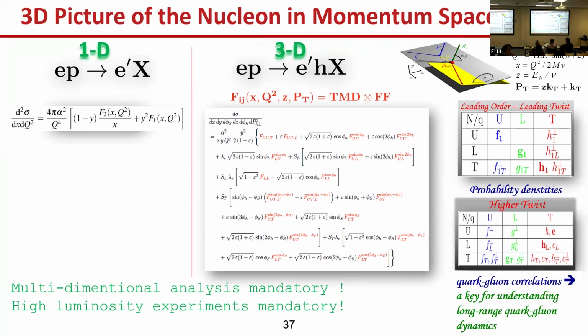For the determination of TMD F1, because you measure also the kT dependence of F1. Usually, the F1 we measured so far is F1(x, Q²). F1 TMD is F1(x, Q², kT).